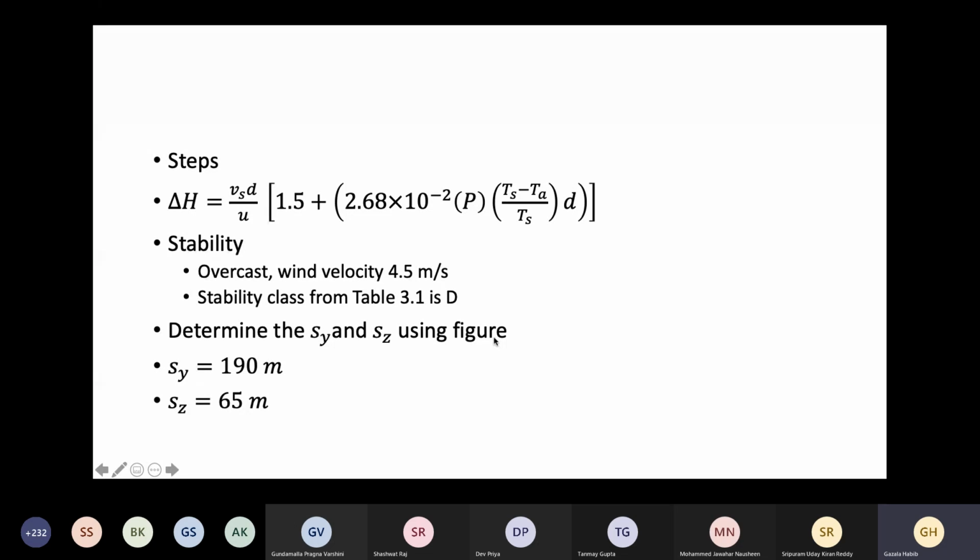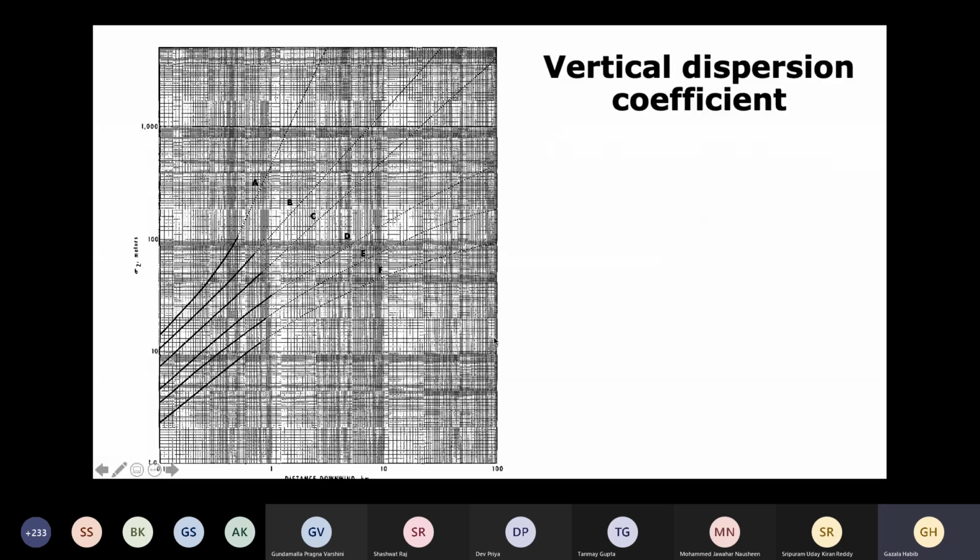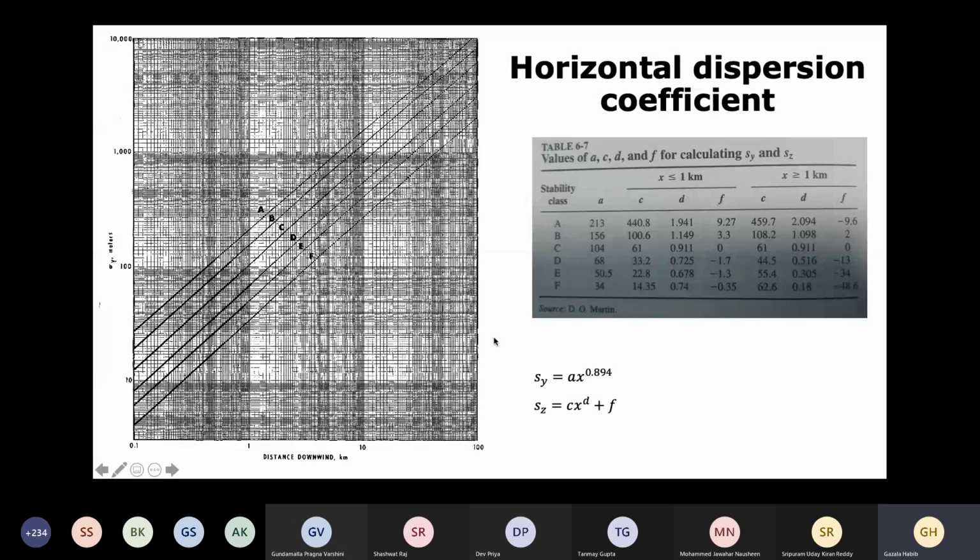You can determine sigma Y and sigma Z, because for D class you can see the values of A, C, and D when the downwind distance is greater than 1 kilometer, because it says 3 kilometers: 44.5, 0.516, and minus 13.